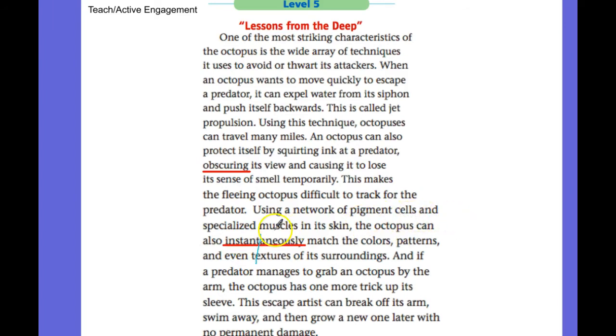So the octopus can also instantaneously match the colors, patterns, and even the textures of its surroundings. It can super quickly match, okay? Obscuring. If we have ing on there, it's something that's happening right now. It's obscure. It's hidden. Obscure its view. We're hiding its view.